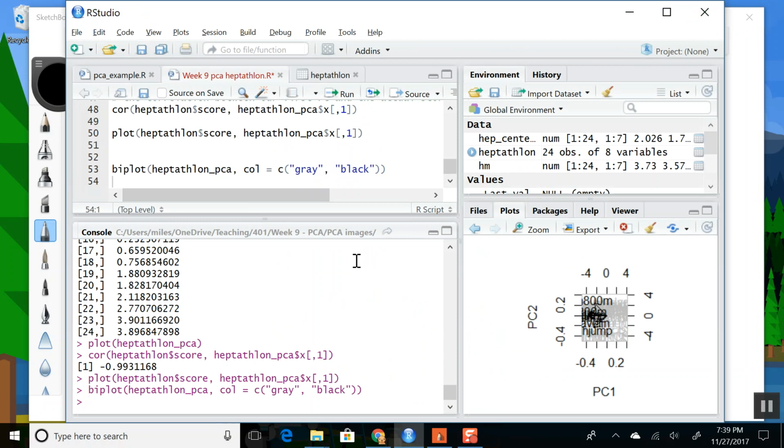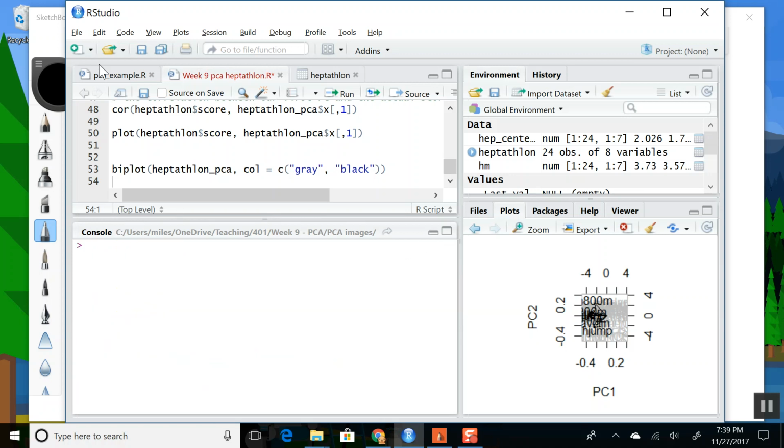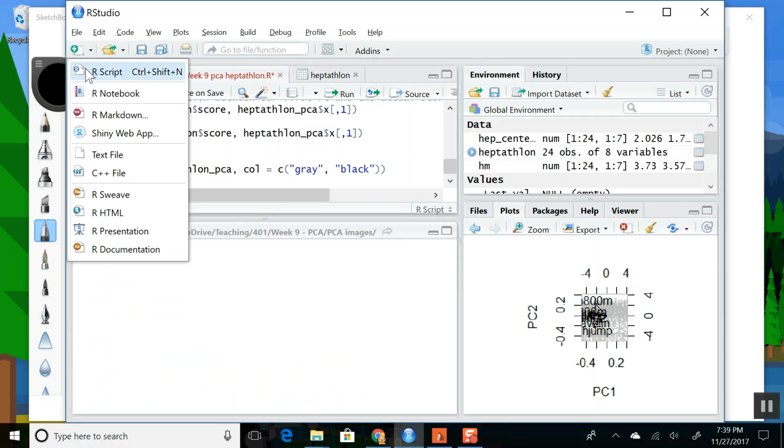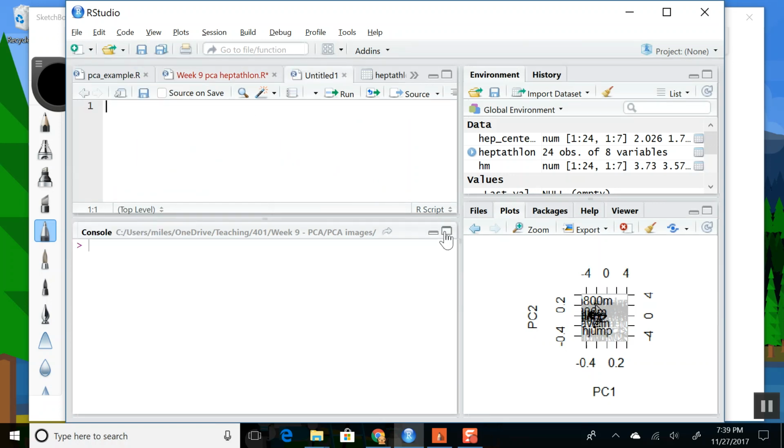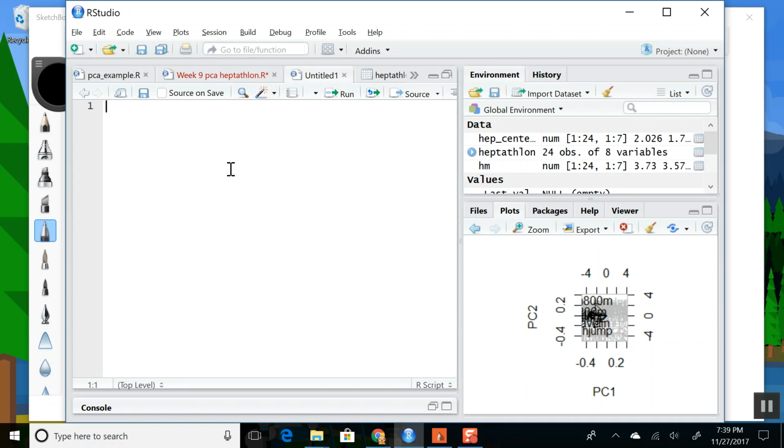All right, let me show you a few other examples of principal components analysis. I'll work through this a little bit manually here.